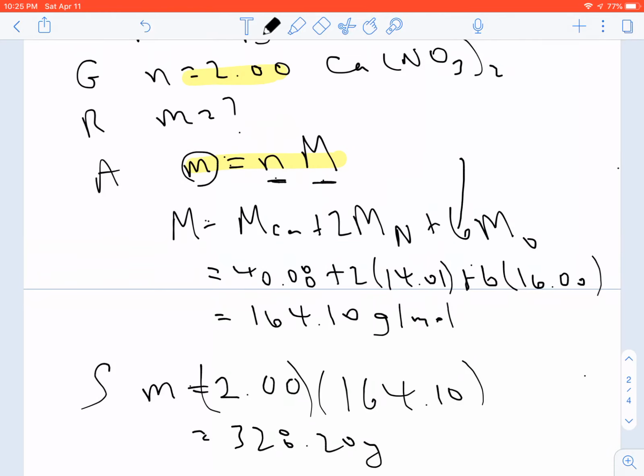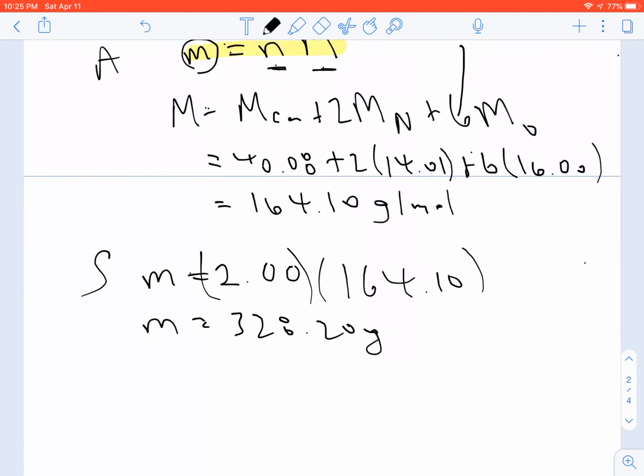Little m, mass, in grams. So my phrase, therefore, is we need 328.20 grams.